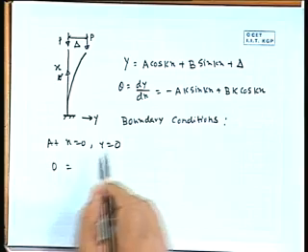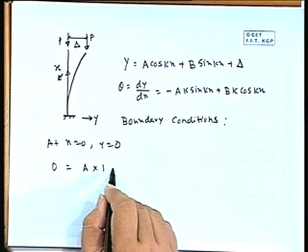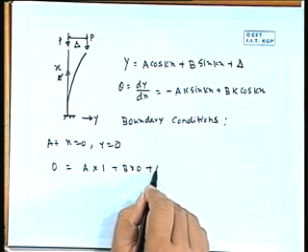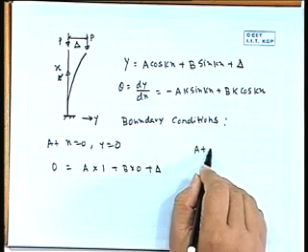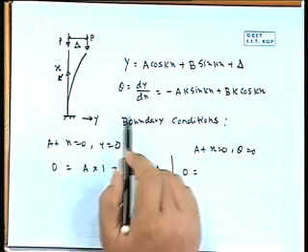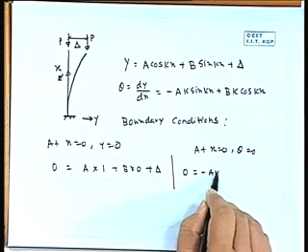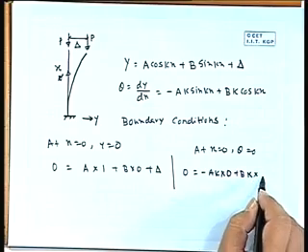So, we will get 0 equal to a into 1 plus b into 0 plus delta, right, and at x equal to 0, theta equal to 0, it will be 0 equal to minus a k sin 0 plus b k cos 0, right. So, sin 0 is 0, cos 0 is 1. So, it is b k.